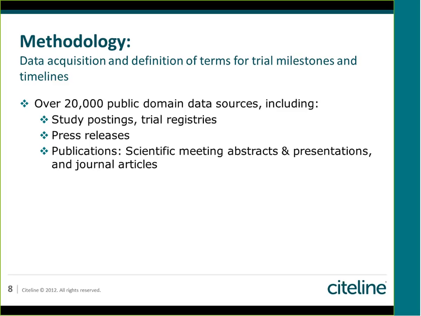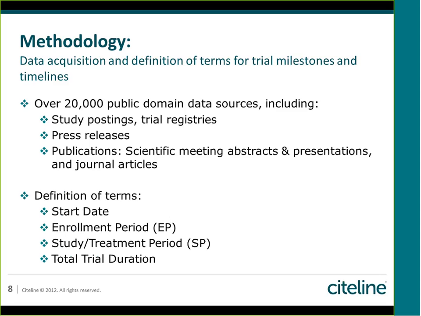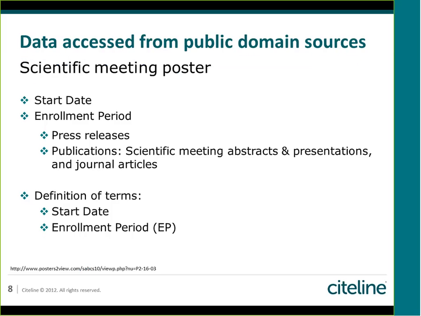Among the many sources that we use to obtain actual trial timeline data, we focus on press releases and publications, including scientific meeting abstracts and presentations, and journal articles, those sources that are considered to be quite reliable public domain sources. And as we do this, we'll look at some examples of where we obtain the data, and in doing so, we'll see how we define the terms that I'll be using throughout the rest of the slides.